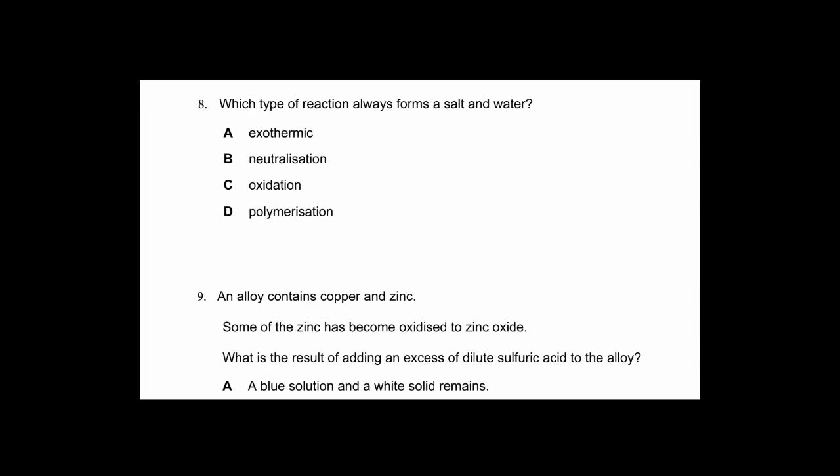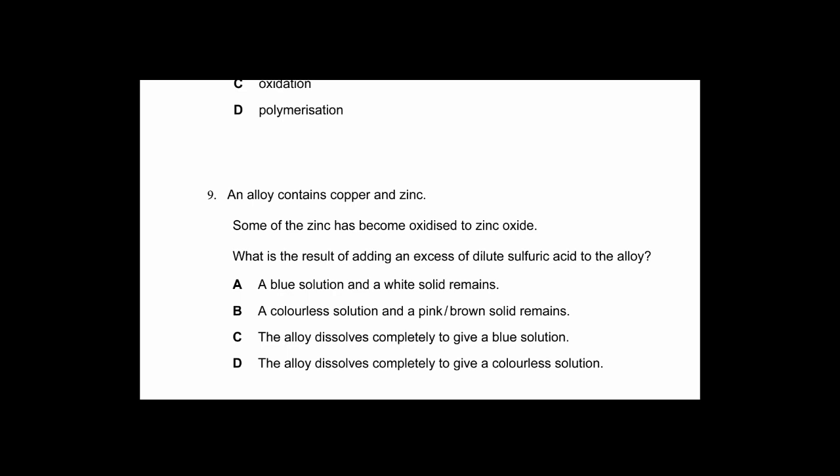Question number 9. An alloy contains copper and zinc. Now, looking at zinc and copper, these two substances are able to form an alloy known as brass. Some of the zinc has become oxidized to zinc oxide.